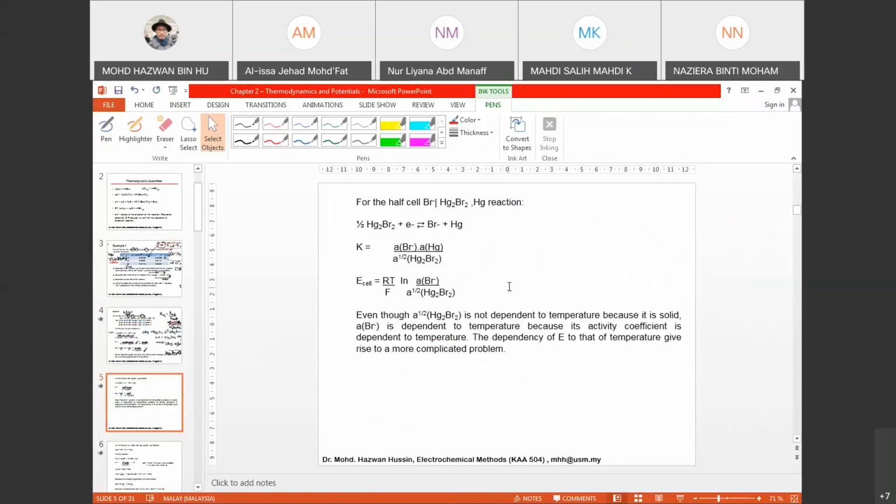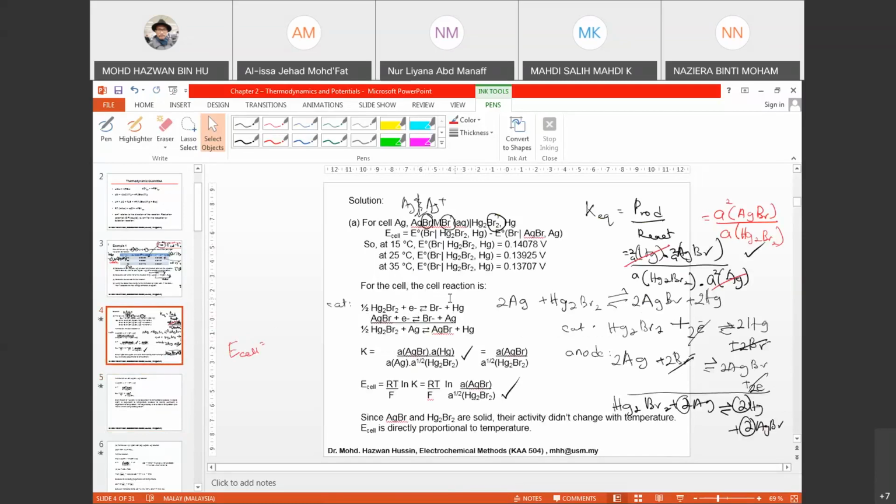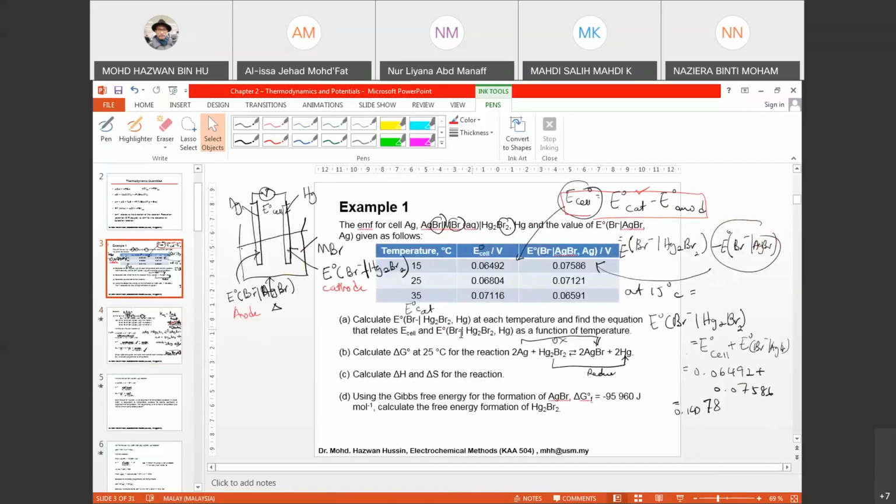Right, the half cell of Br minus Hg2Br2. For the other half reaction, this is the one, then we can also write K equal to this, and E cell is also equal to this. So just now we wrote it for the cell reaction, because I think the question is also asking for the cell equation and also for your cathode electrode.